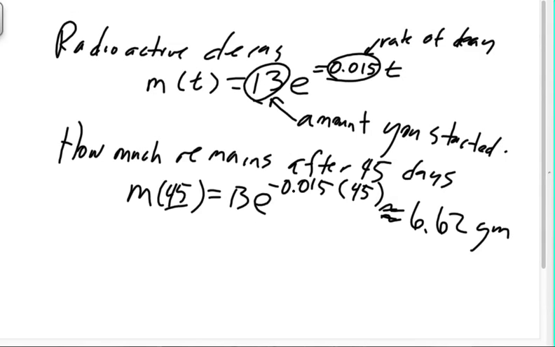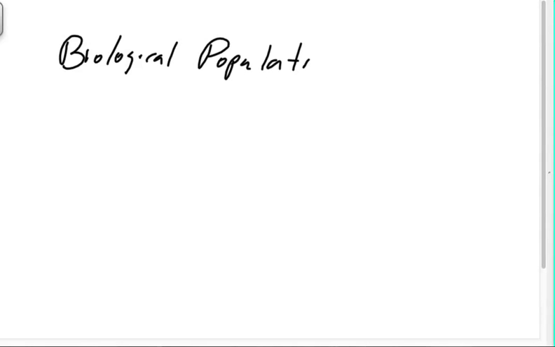Okay, the other application you're going to see a lot of for this is in biological populations. This is usually given by the logistic formula, and this is usually shown in most introductory freshman biology classes in universities.